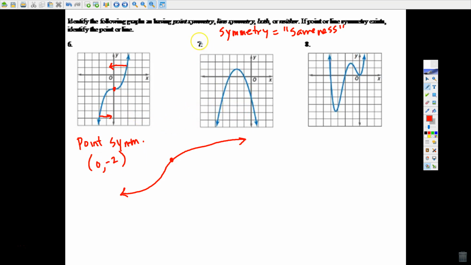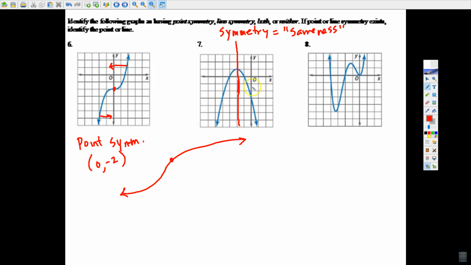Okay, well hopefully now you've seen, since we looked at line symmetry and how this graph does not have line symmetry, that number 7 does. Because, and this is true of all parabolas, we can go right down the heart, right through the vertex of a parabola, and there's always a line of symmetry. We call it the AOS, the axis of symmetry. And we have sameness, or we have symmetry, on both sides. They match up.